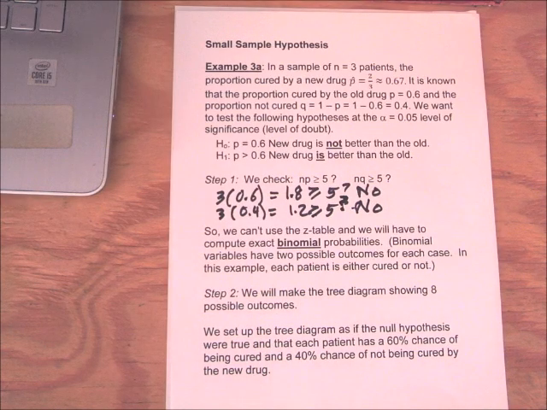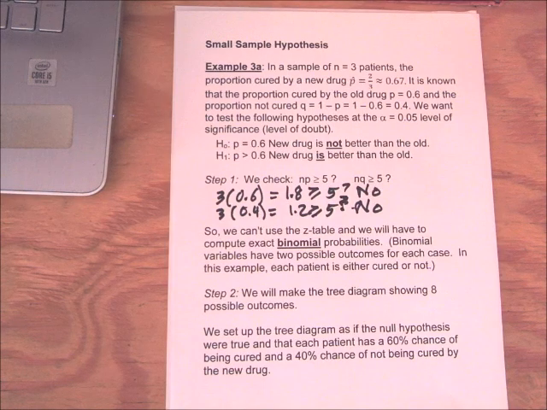It's called binomial because there are 2 possible outcomes for each case. Either the patient is cured or not cured, and it's a random variable because the number of patients cured can vary from one sample to another.